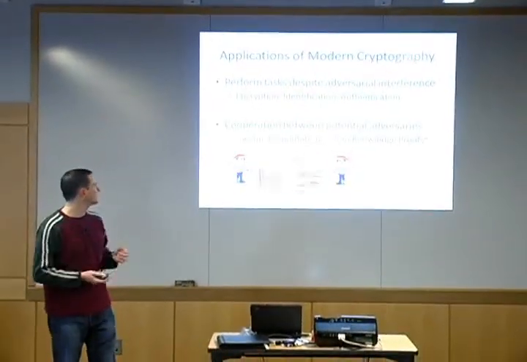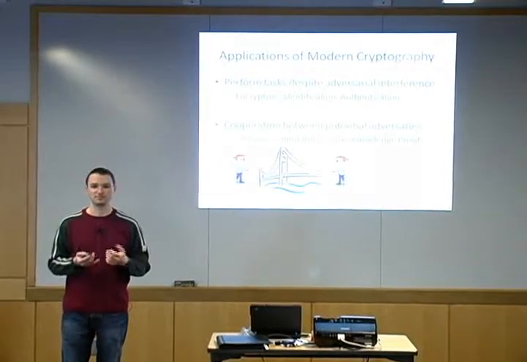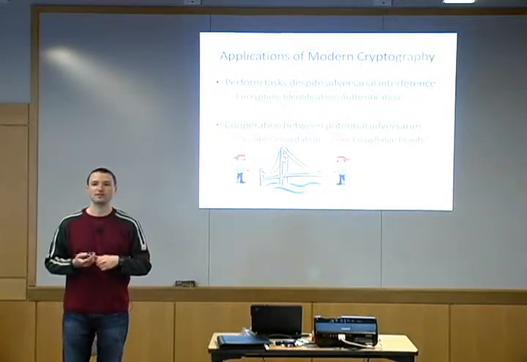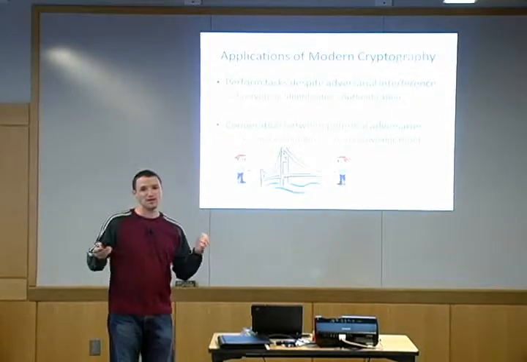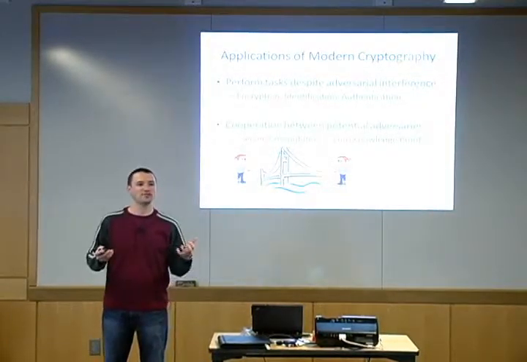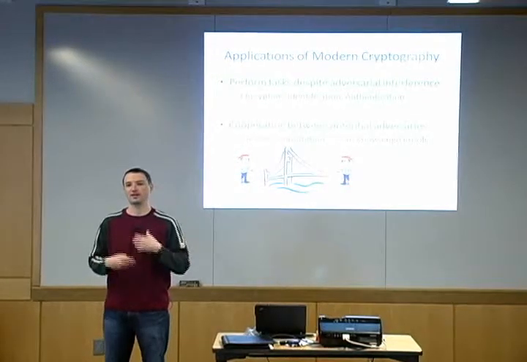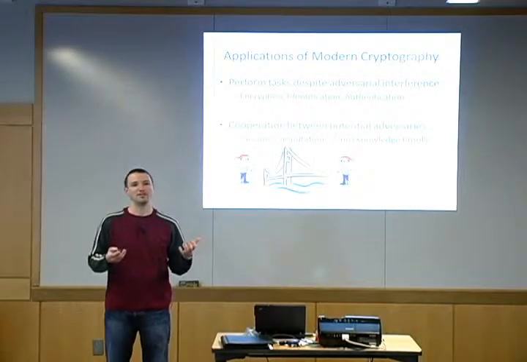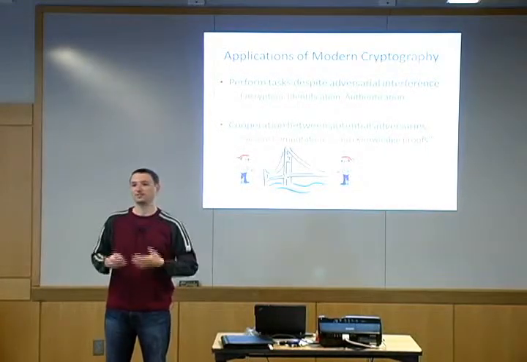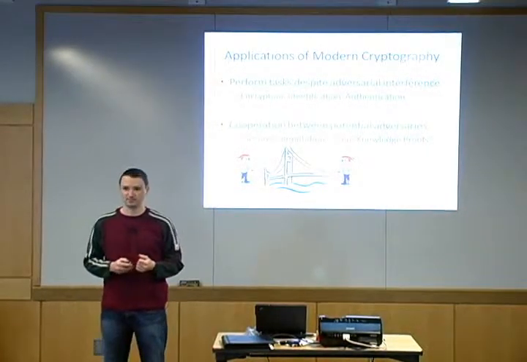The other type of cryptographic problems are basically cooperation tasks, where instead of having two people who trust each other and are trying to do something together and a third person who's trying to interfere, we have several parties, none of which trust each other, but they're still trying to cooperate to do something together.